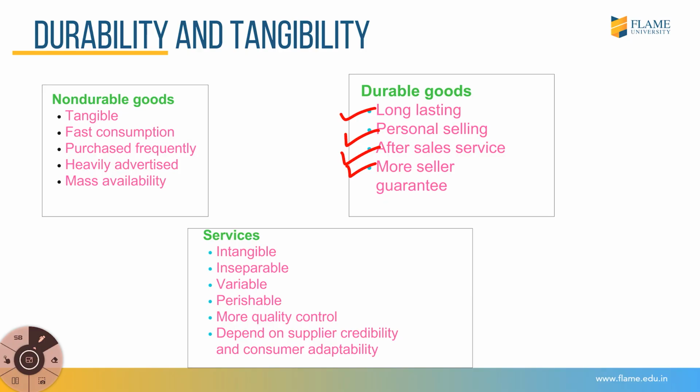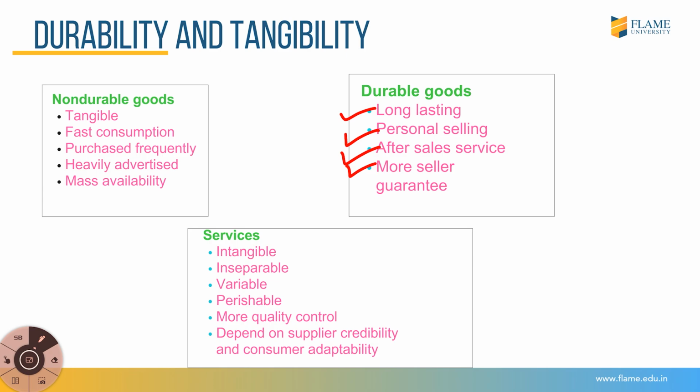You don't buy a mobile every day, you don't buy a TV every day, you buy a TV once in a while, 3 years, 2 years, and this needs after sales service. Somebody has to sell this TV to you to make you understand the product advantage, benefits and features. And it comes with a warranty and guarantee.